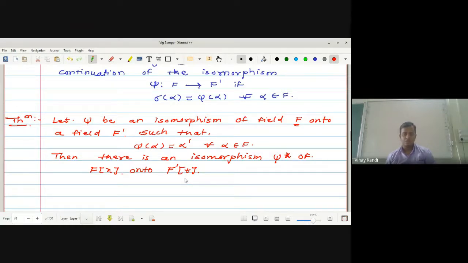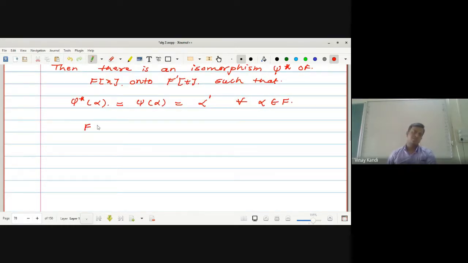So psi star is an isomorphism of F[x] onto F dash[t], such that psi star of alpha is equal to psi of alpha, which is equal to alpha dash, for all alpha belonging to F. We know that F is contained in F[x], the constant polynomials.